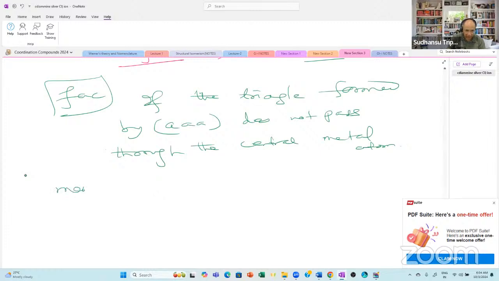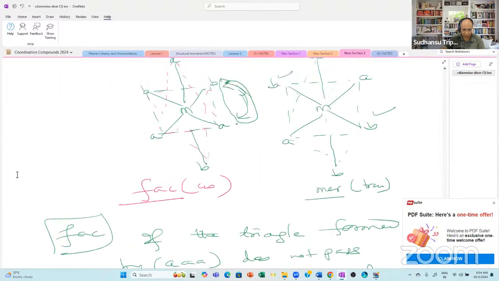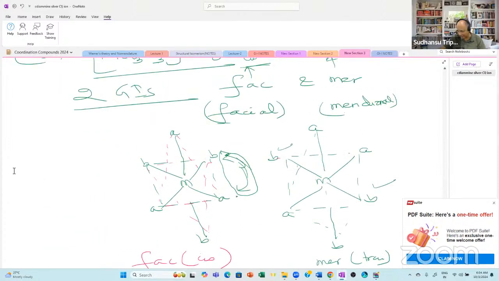Mer, if the triangle passes through the central atom, is mer. So this will be fac and mer.